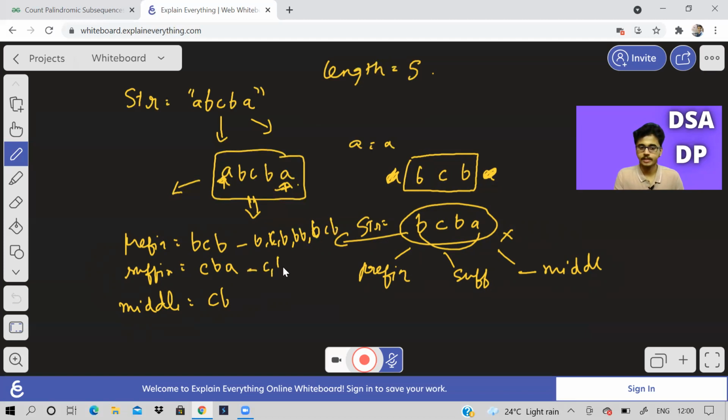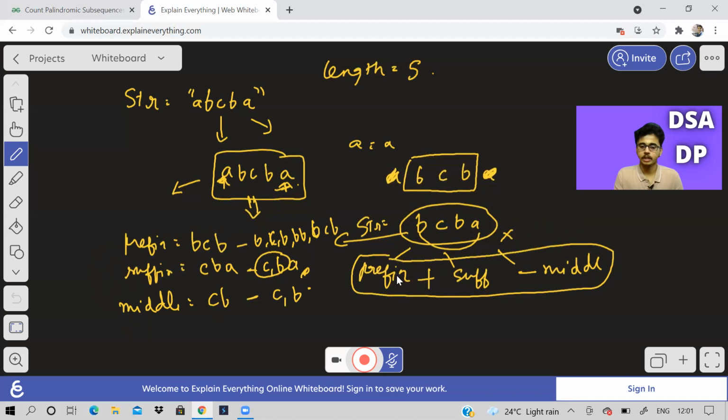And over here, CBA, that's all. And over here, how many are there? CB. You can observe that CB is repeating two times. We don't want that. So in this case, when first and last characters are not equal, it is enough for us to find out what is the count in these parts. How to find out what is the suffix and prefix?